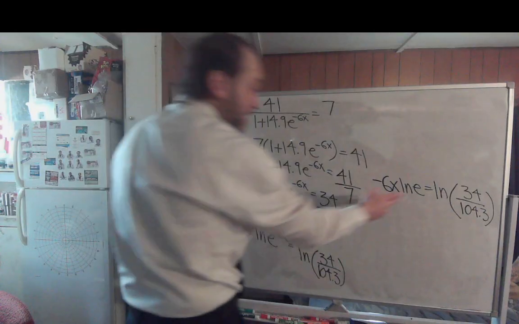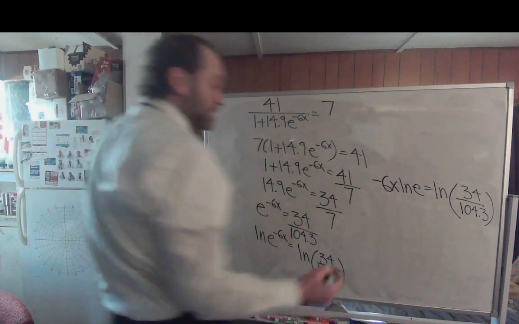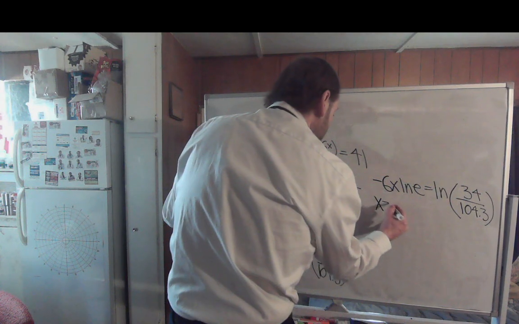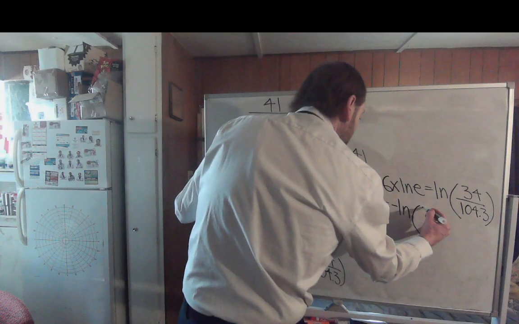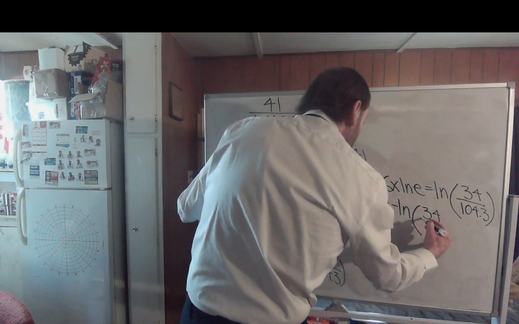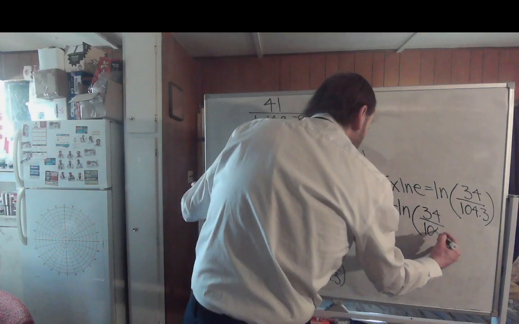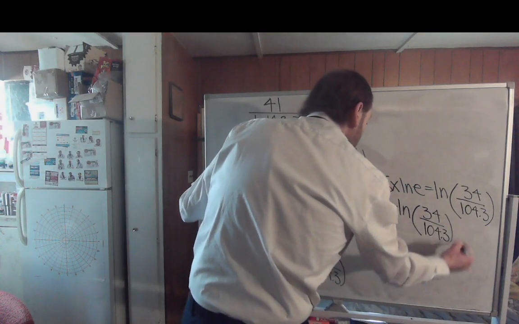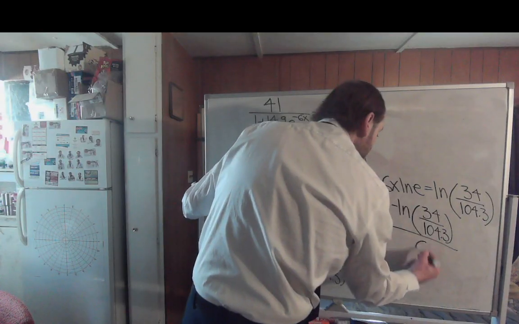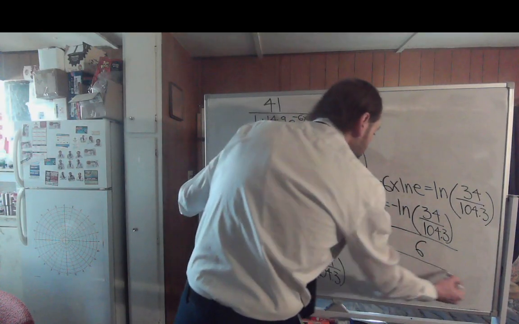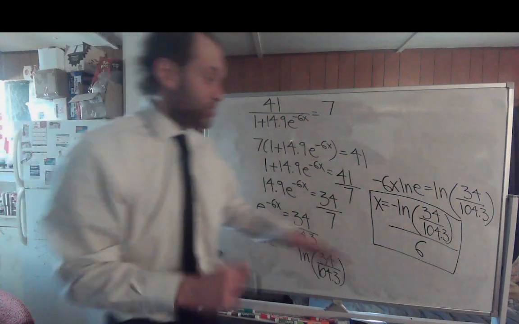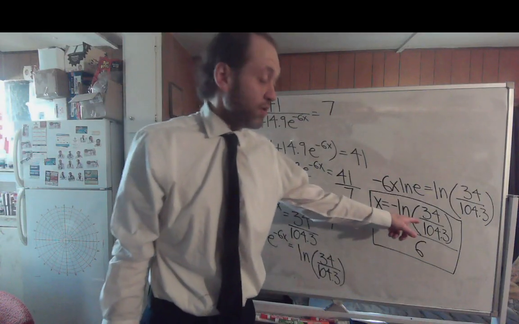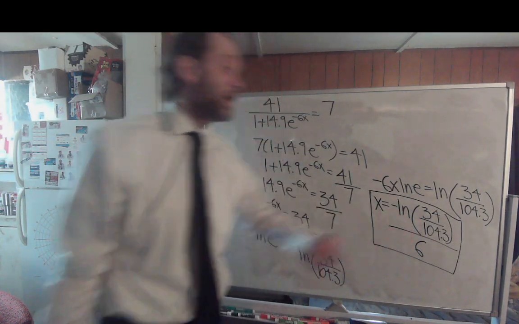So ln of e is 1. Just divide both sides by -6. You could solve for x. So x would equal negative of the natural log of 34 over 104.3, all that divided by 6. And there is your solution. X equals negative of the natural log of 34 over 104.3 divided by 6.